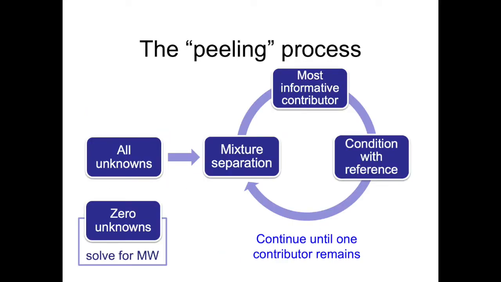So here's how the peeling process works. Initial mixture separation is performed where all contributor genotypes are inferred with no assumptions. This establishes the most informative DNA contributor. In a subsequent computer run, this statistically established contributor is conditioned on, and mixture separation is then repeated under this assumption.